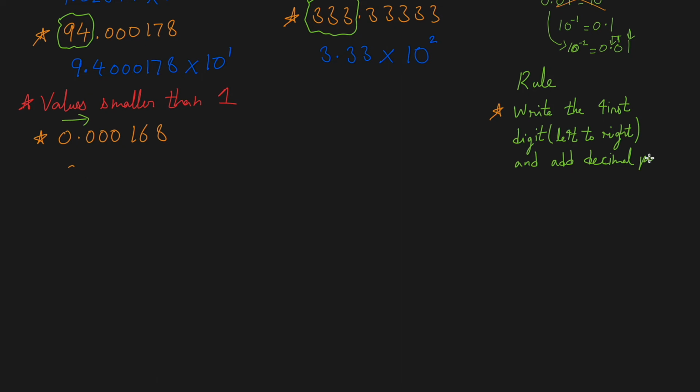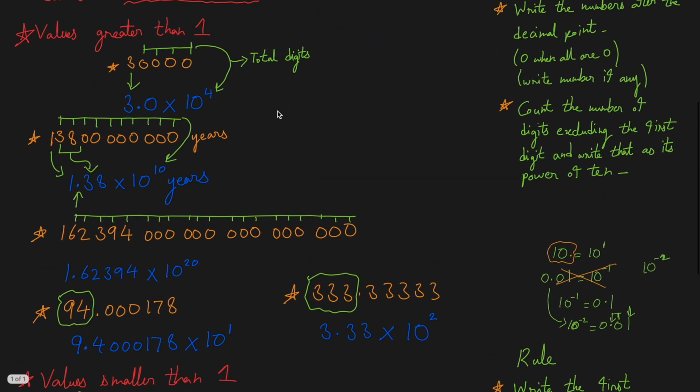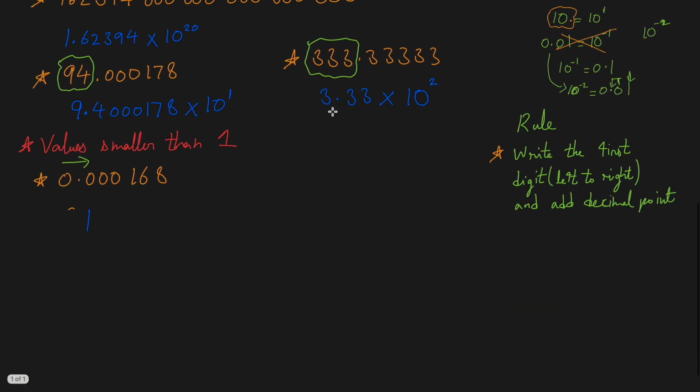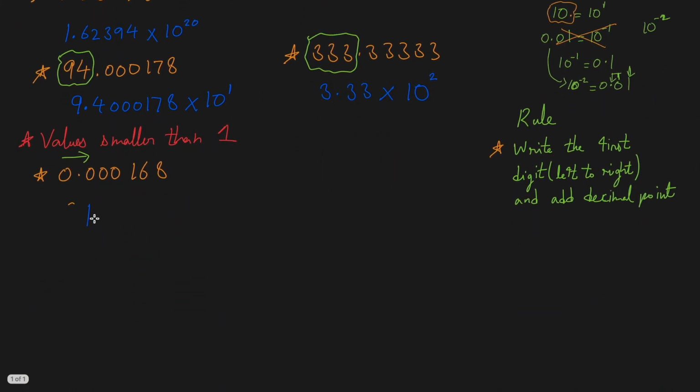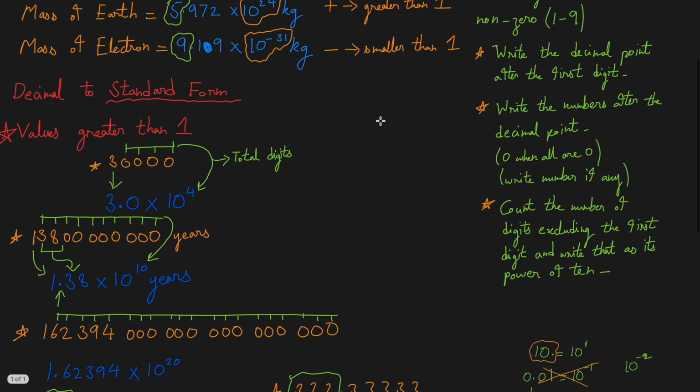So here we are going from left to right, and we have encountered 1, the non-zero digit, and we will write it as 1. Now the second rule, the same as the first one: write the decimal point. Write the numbers after the decimal point, 0 when all are 0, write numbers if any.